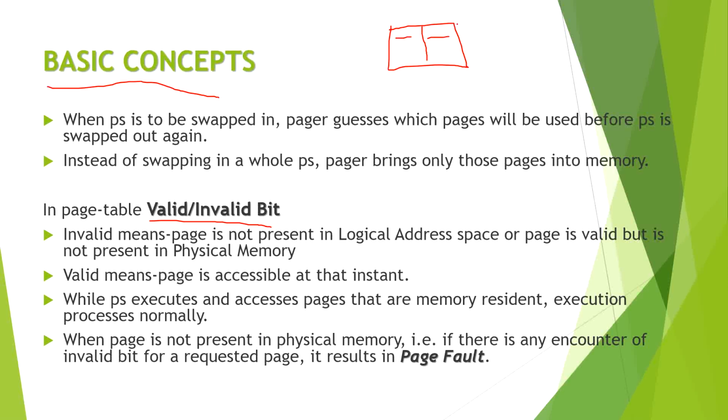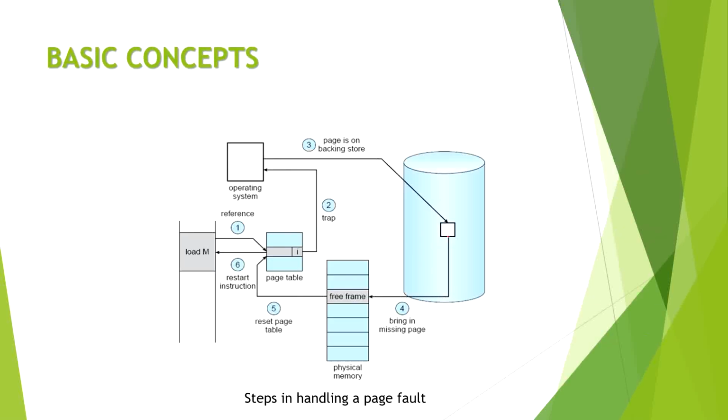Here we add one extra bit to the page table to indicate whether the page demanded is valid or invalid. As you can see in this diagram, there is one additional bit, the valid-invalid bit, which is added to the page table.